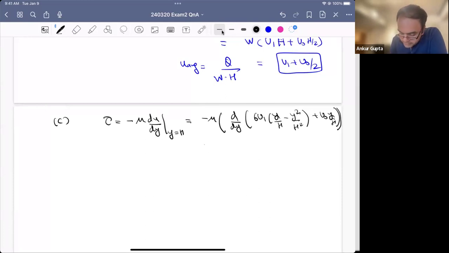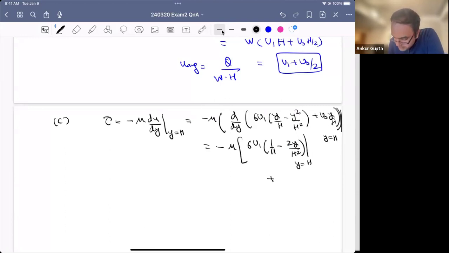Taking the derivative of this at y equal to h: the derivative of y by h is 1 by h, so it's 6u1 into (1 by h minus 2y by h square), at y equal to h, with a minus mu outside, plus u naught, where y has a derivative of 1, so it's u naught by h.